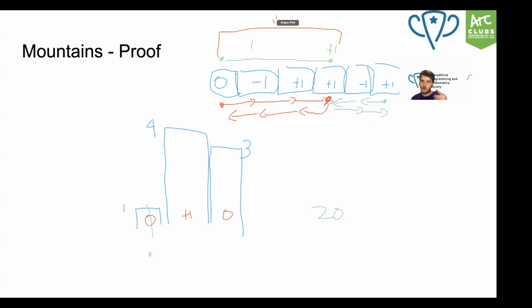But that means before, remember, we could walk all the way to the end and then finish, which means the sum of these values here must be 0. Because if it were all bigger than 0, it could be 1, but it must be at least 0.